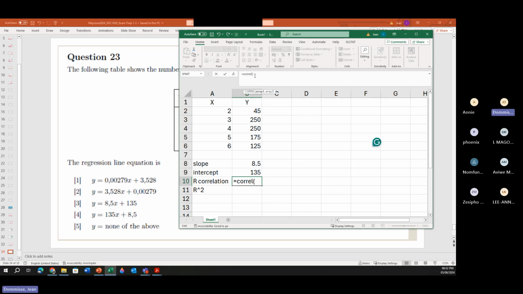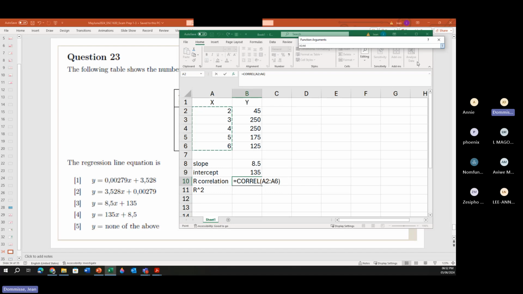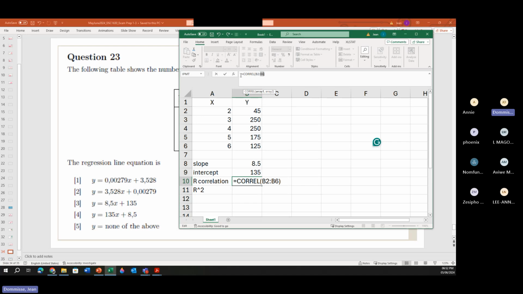It's important that we add this for you guys as well. Correlation does not matter if we put in the x's first and the y's second. So that's only for the regression line.